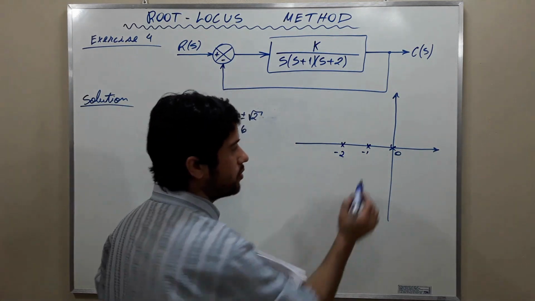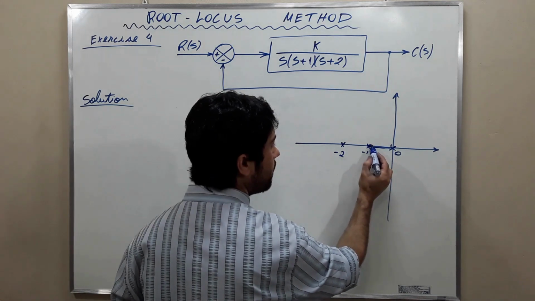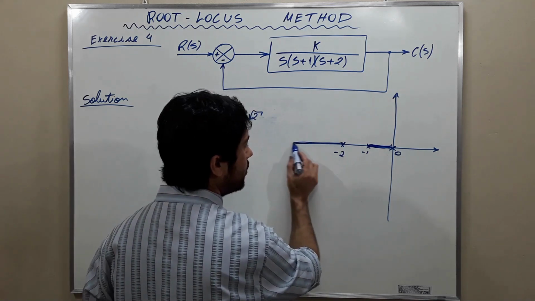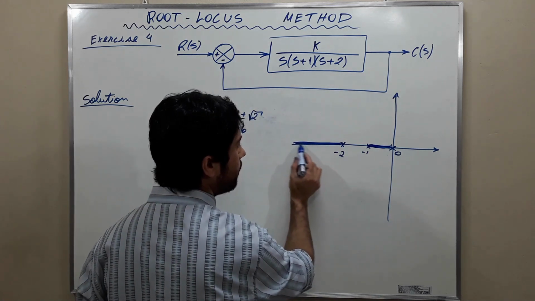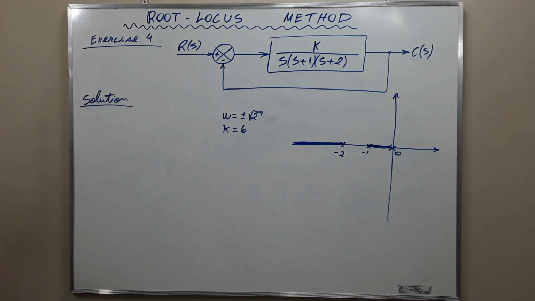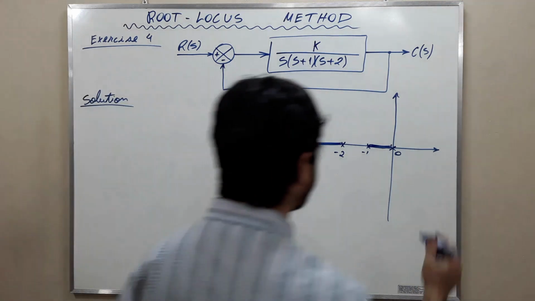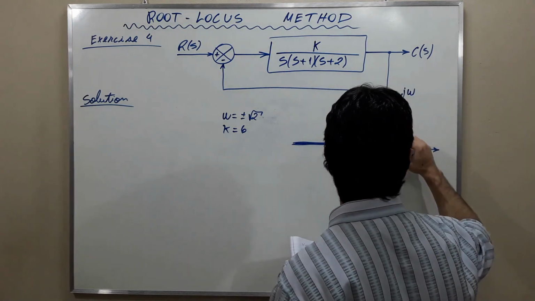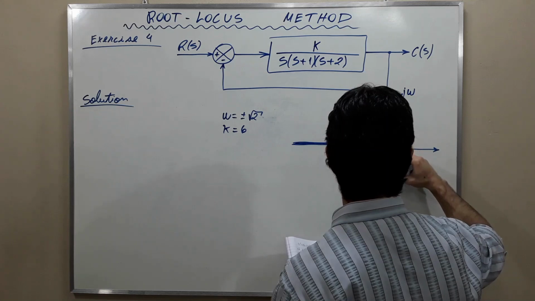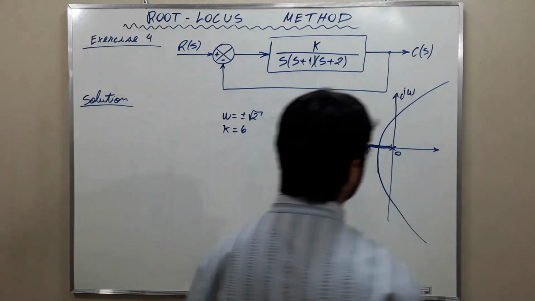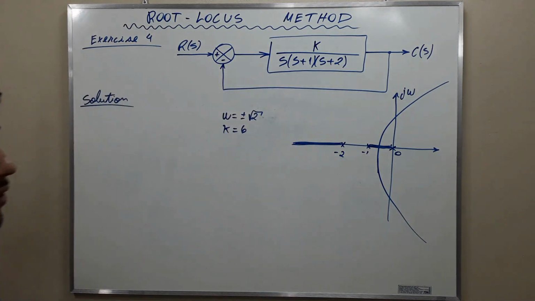We have root locus from this pole to this pole, we have root locus here, and we have root locus here. Okay? And the other part of the root locus is this.